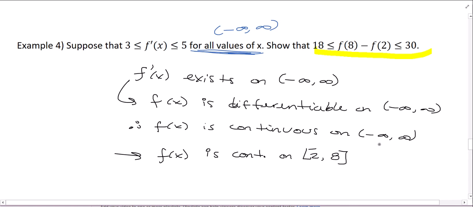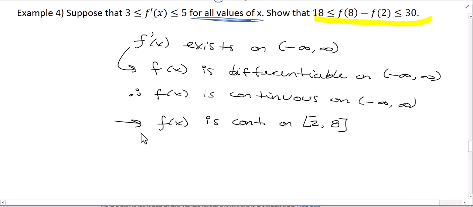Right? If it's continuous on the entire real line, it's definitely continuous on the closed interval. And because it's differentiable on the entire real line, I'm going to say f of x is differentiable. So I'm going to abbreviate things here on 2 to 8. So cont means continuous, diff means differentiable on 2 8.